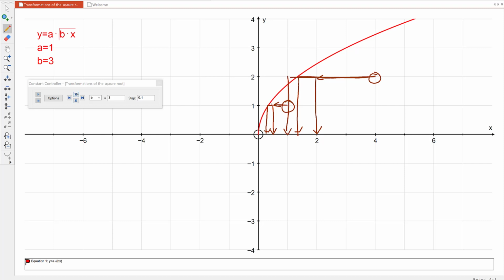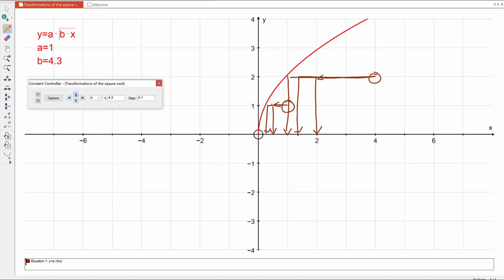If we make B 4, we indeed see that that point that was at (4, 2) is now at (1, 2). So the x coordinates have all been multiplied, not by 4, but by a quarter. So as we make B bigger, the graph squashes towards the y-axis.